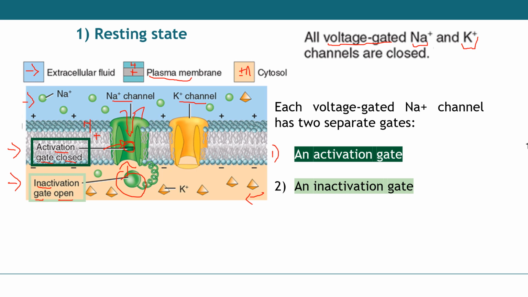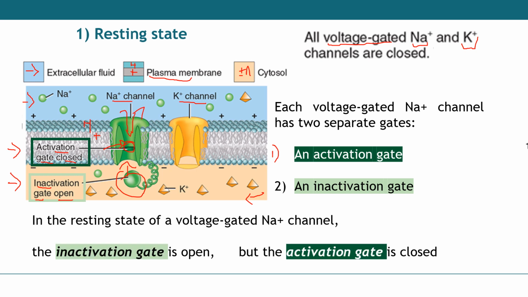One is the activation gate, and the other one is the inactivation gate. To open the channel, both have to be open. In this particular case, the inactivation gate, this circle here, is not attached here, so it's not blocking, while the activation gate, that is a structure that looks like a gate inside of the channel, is there, so it's closed, so nothing can go through.